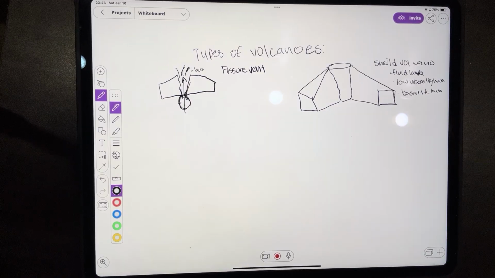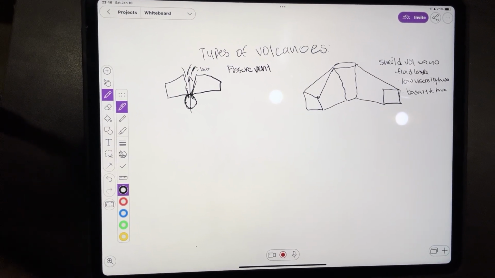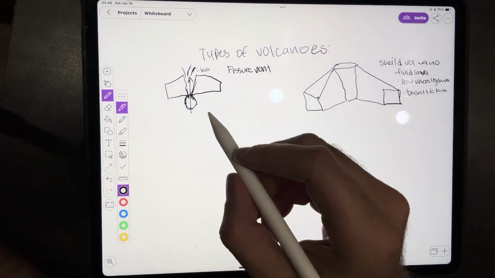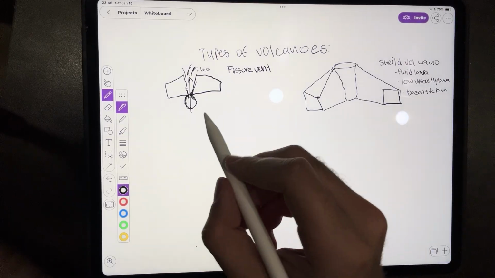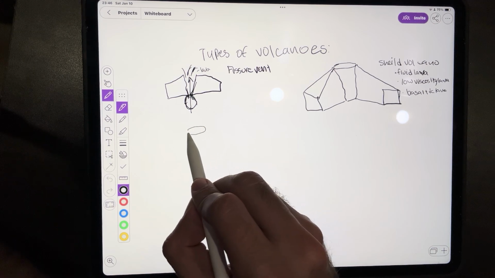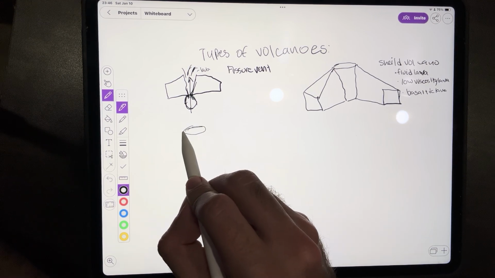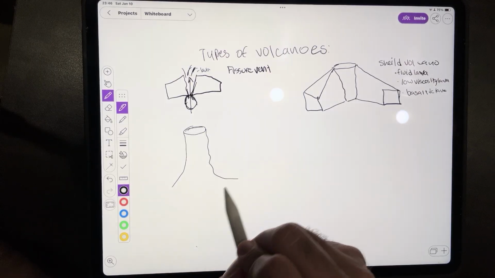Now, another type of possible volcano is the cinder cone. It's a big, huge column volcano like this.